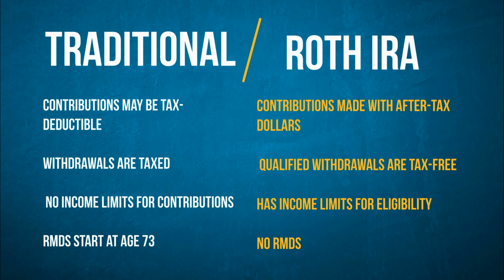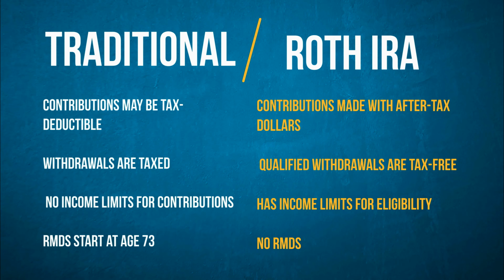Quickly though, the main differences between a Roth IRA and a traditional IRA are in tax treatment, income limits, and withdrawal rules. Roth IRA contributions are made with after-tax dollars and qualified withdrawals are tax-free, while traditional IRA contributions may be tax-deductible, but withdrawals are taxed.